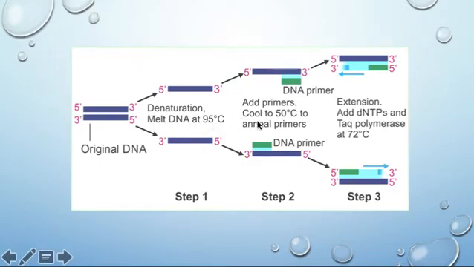Then these 2 separated DNA strands are attached with a primer, which is nothing but 20 to 30 nucleotide bases. This primer is attached to the 3' end of both the separated strands, and after that there is synthesis of the new DNA strand.